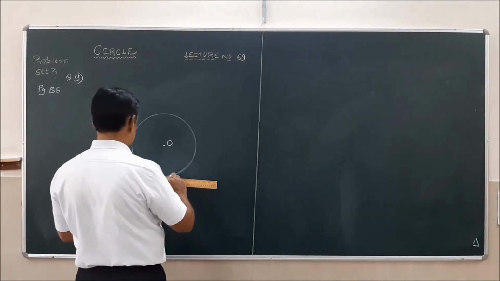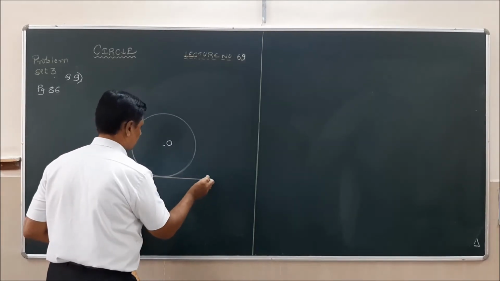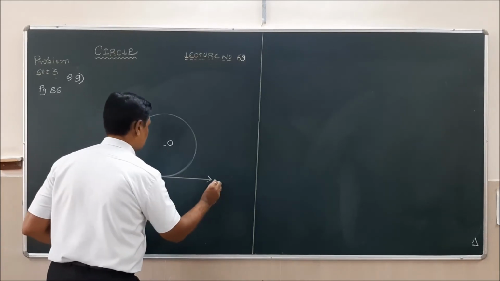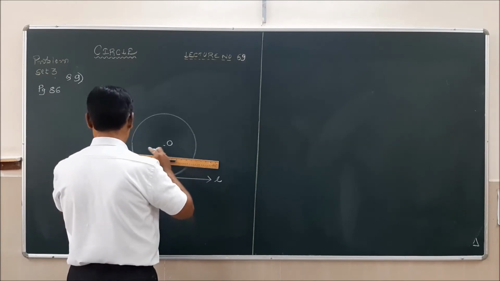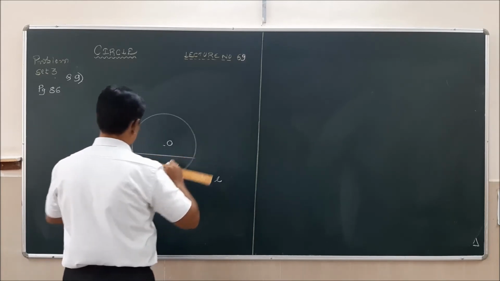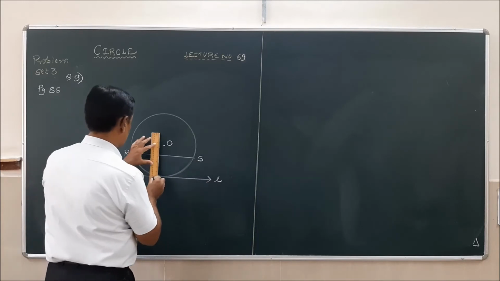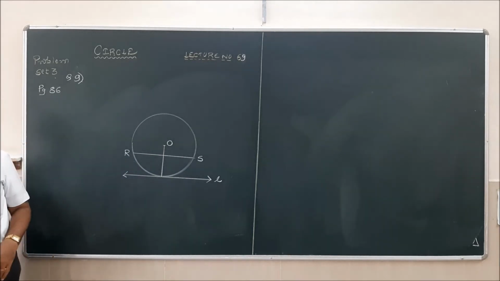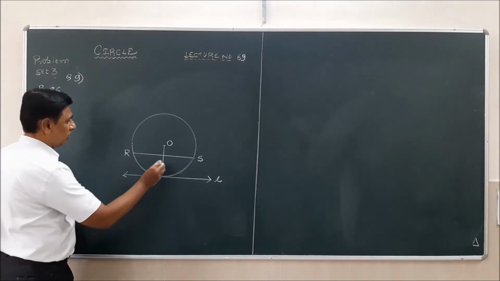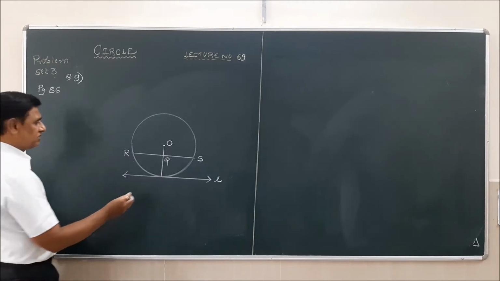If I draw this as a tangent, RS is a chord, in figure 3.89. You will find Q is here and point P is here.